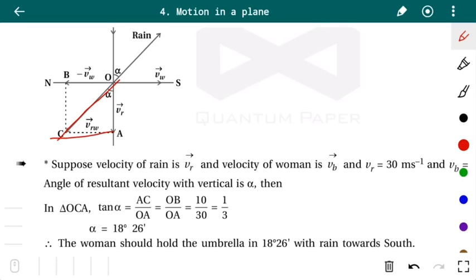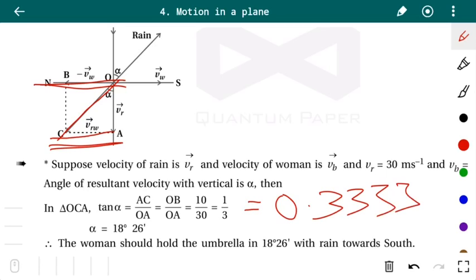So from this triangle we can apply the tan formula, that is tan alpha is equal to opposite upon adjacent, that is AC upon OA, and here we know AC is equivalent to OB. So OB upon OA, which is equal to 10 upon 30, that is equal to 1 by 3, and the value of 1 by 3 is 0.3333. So tan alpha is equal to 0.3333, and here we need to find the angle alpha.